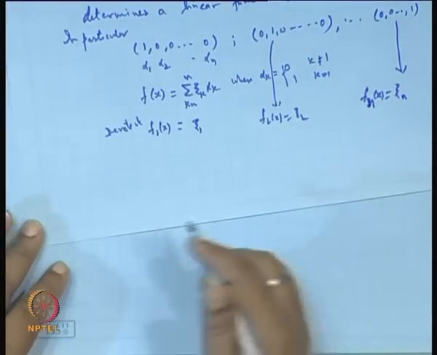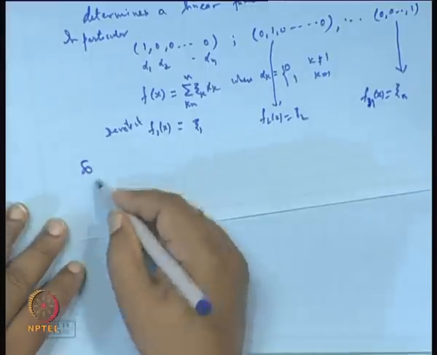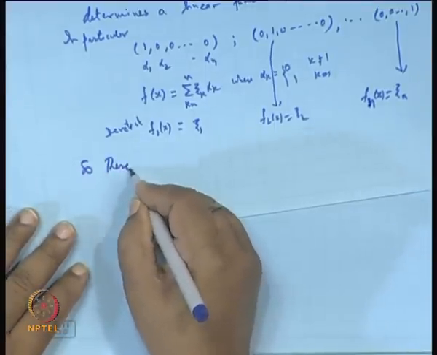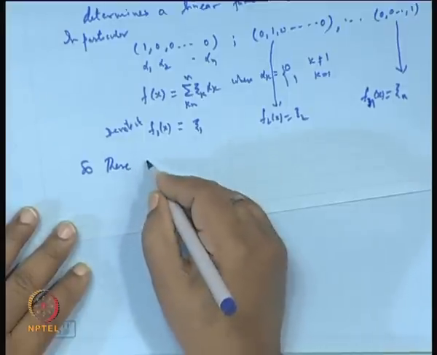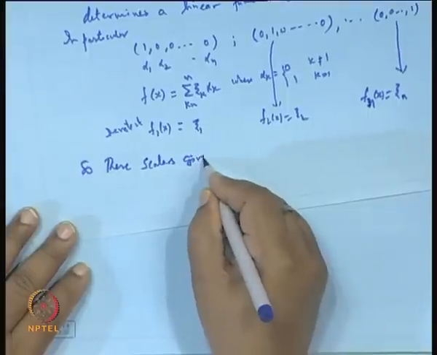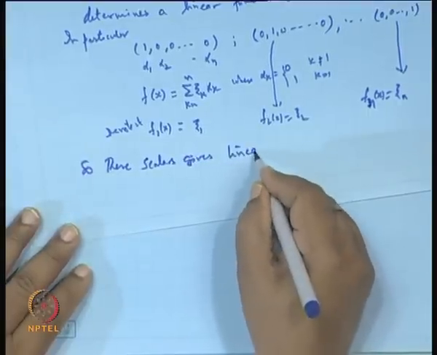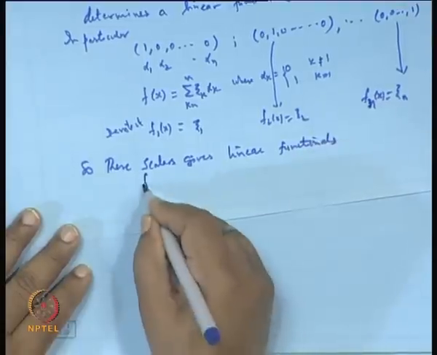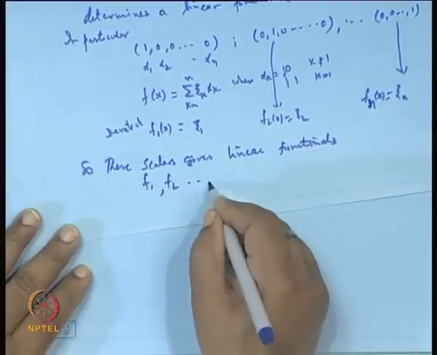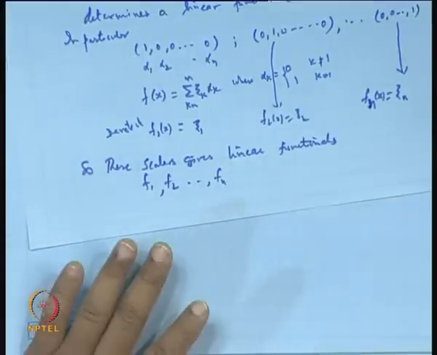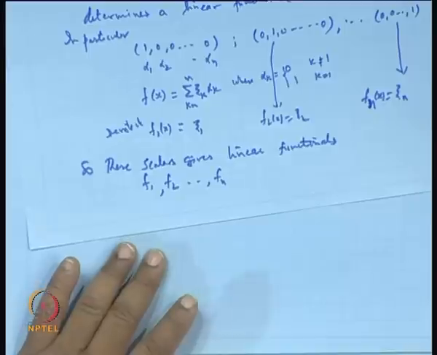So, this set of scalars gives linear functionals f1, f2, ..., fn.